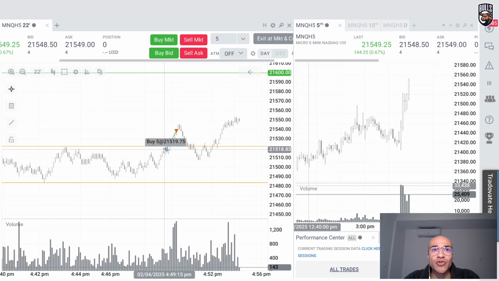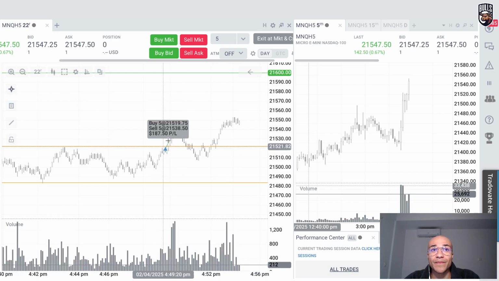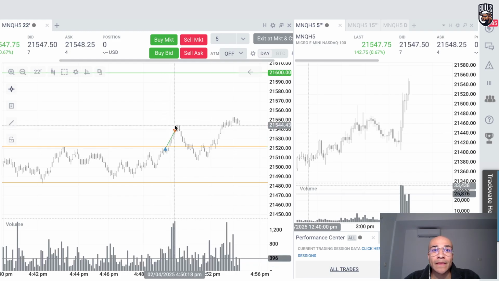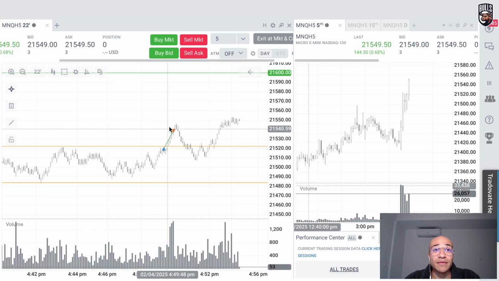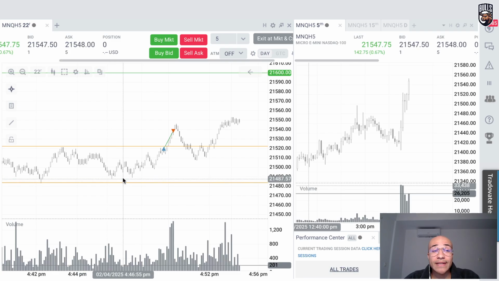Basically, my idea was to trade the break of 20 if we get a strong enough move to the upside. And yeah, that is what I basically did, right? And we first moved back into the low right here, 480, managed to stay above it.